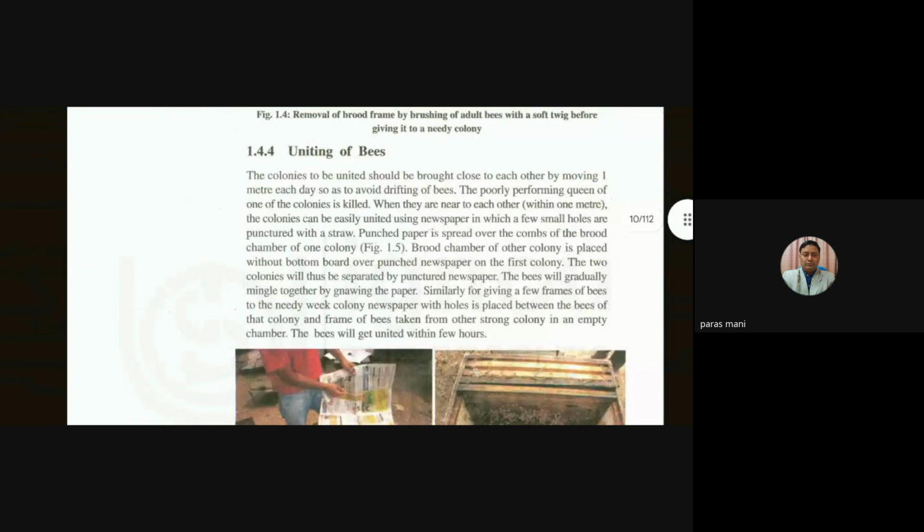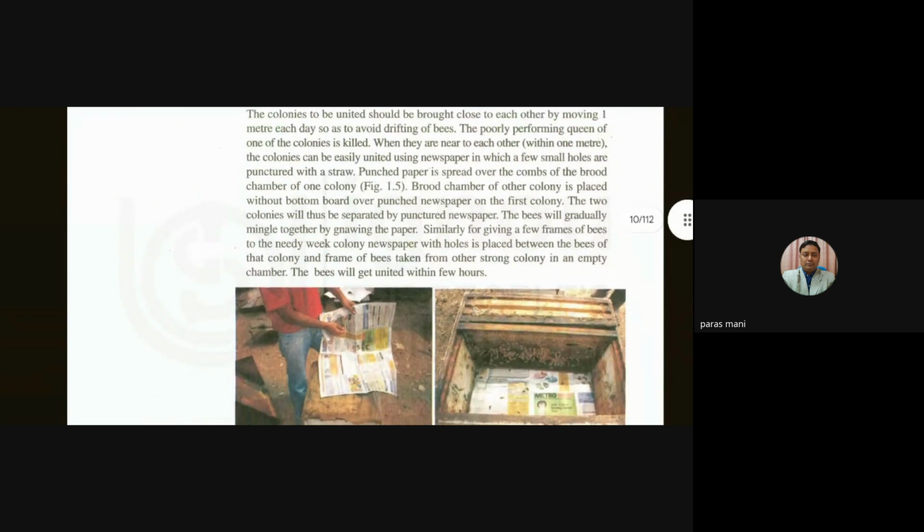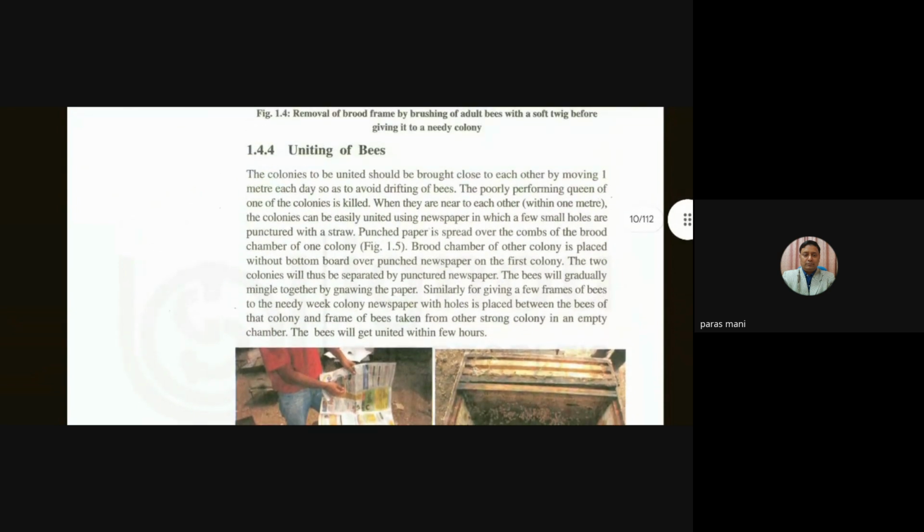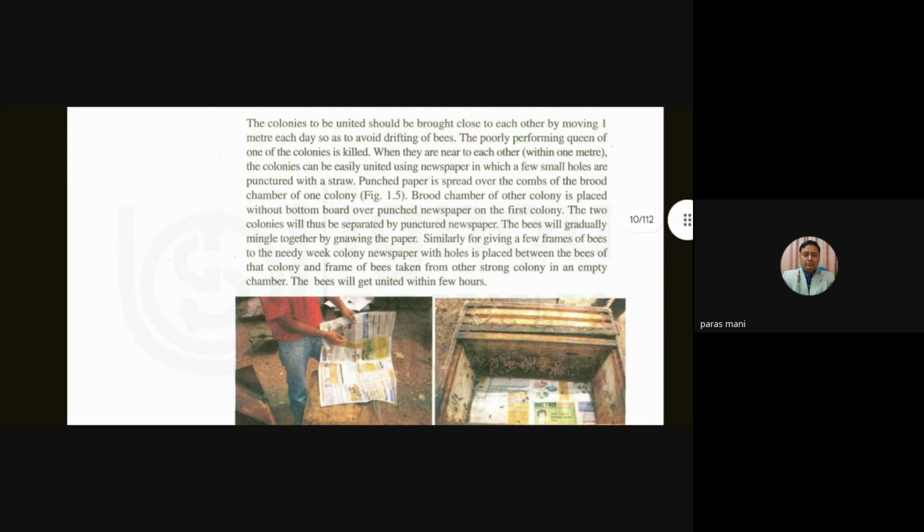And uniting the bees. In case you don't have strong colonies, you can unite two weaker colonies together. This has to be done because if the colony is very weak, they are unable to defend themselves, and the capacity of the hive will not be utilized completely. Space of the hive will not be utilized, and maintenance will be very difficult.